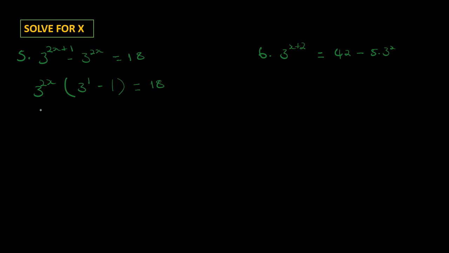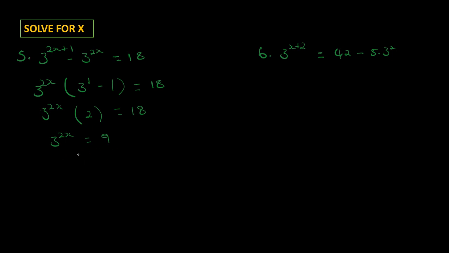So let's simplify what we have on the left. So this is 3 to the exponent 2x, and we're multiplying it by, this is 3 subtract 1, so that is just 2. Okay, and this is 18 this side, so we have 3 to the exponent 2x, and we divide both sides by 2. When we divide both sides by 2, we realize that this will be equal to 9. 18 divided by 2 is 9.